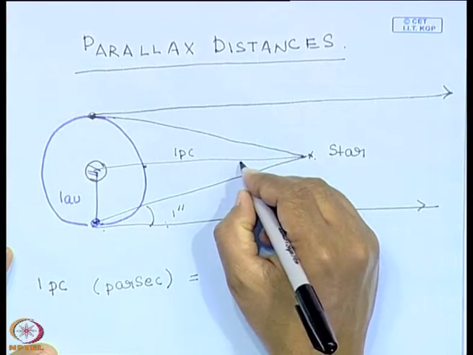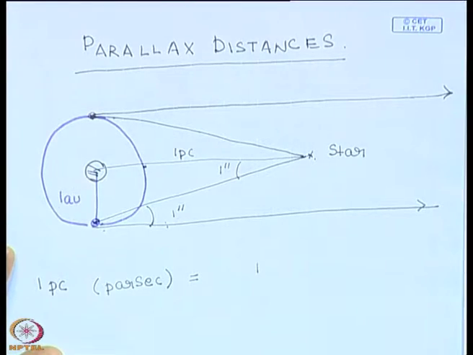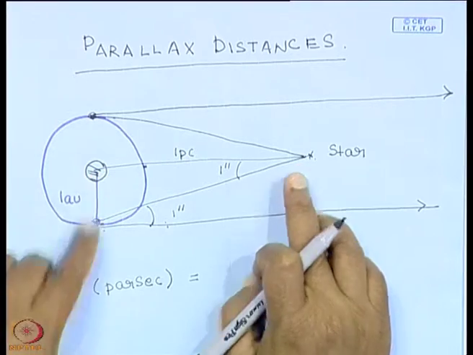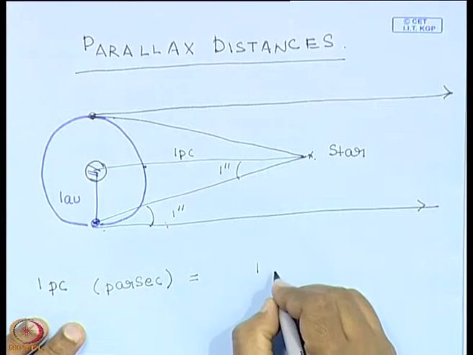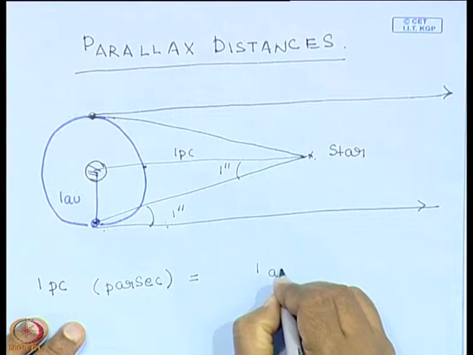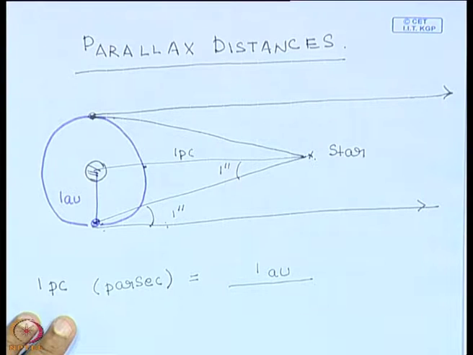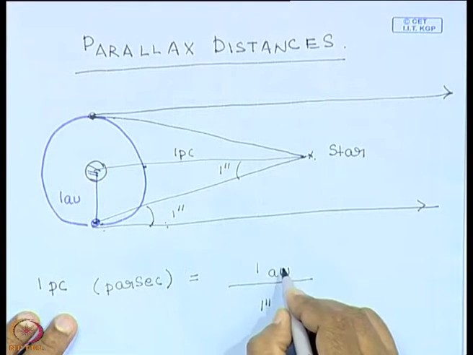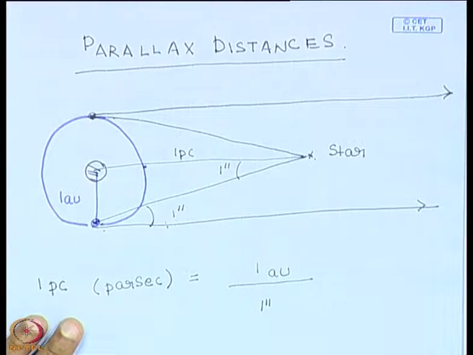This angle is the same as this angle. So, 1 astronomical unit, the radius here, is 1 parsec into this angle, or 1 parsec is 1 astronomical unit divided by 1 arc second, and you have to convert this into radians and meters.